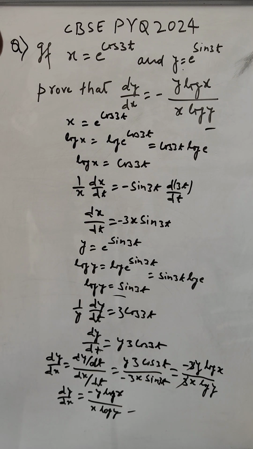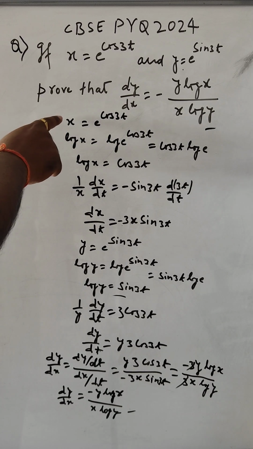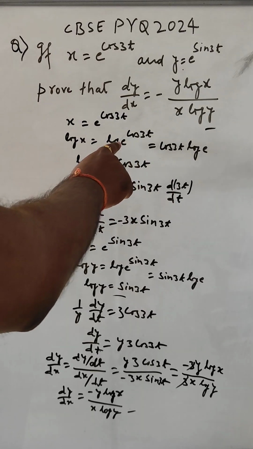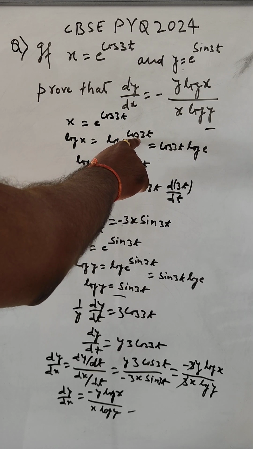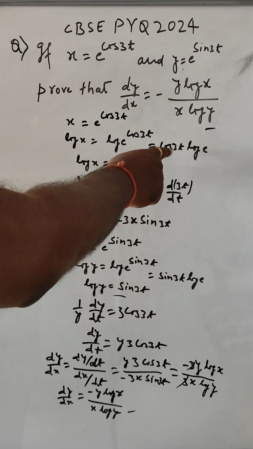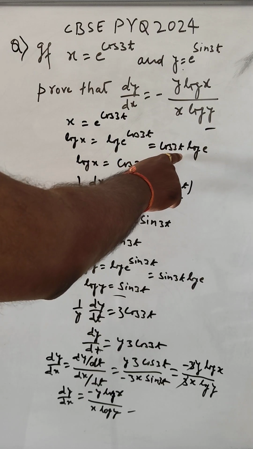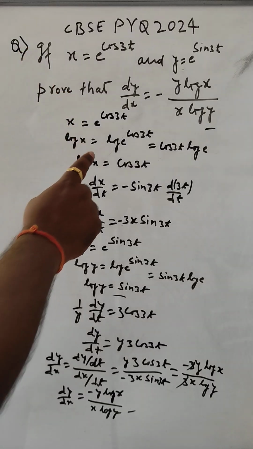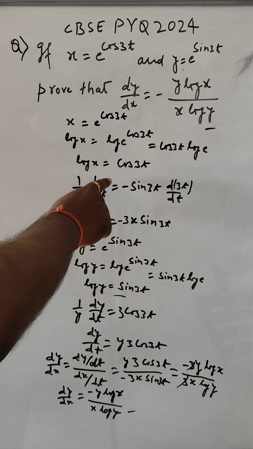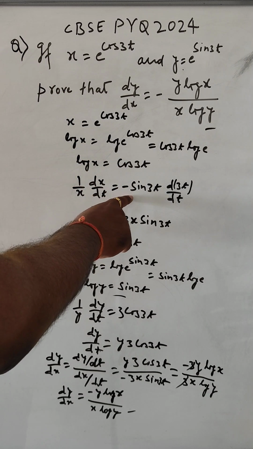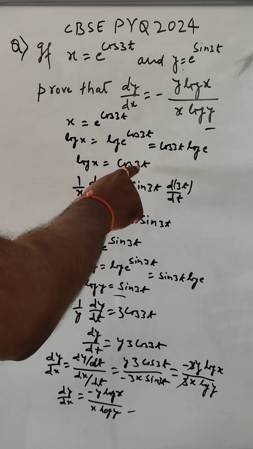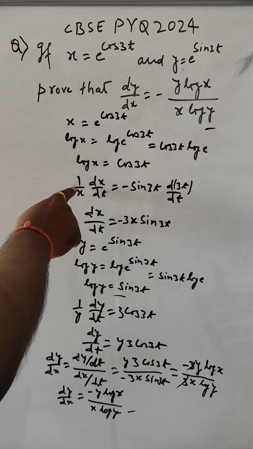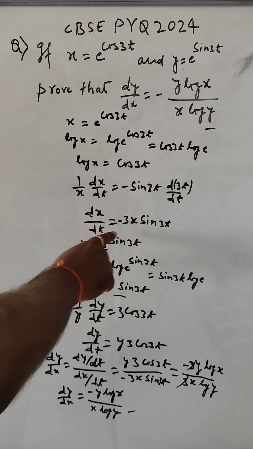That is a natural concept. When you take the log, log x gives 1 by x, and whatever is in the power comes out in front of the log. So cos 3t came out, and the value of log e is 1. The differentiation of cos is minus sin, and the differentiation of 3t is 3, and x goes to this side.